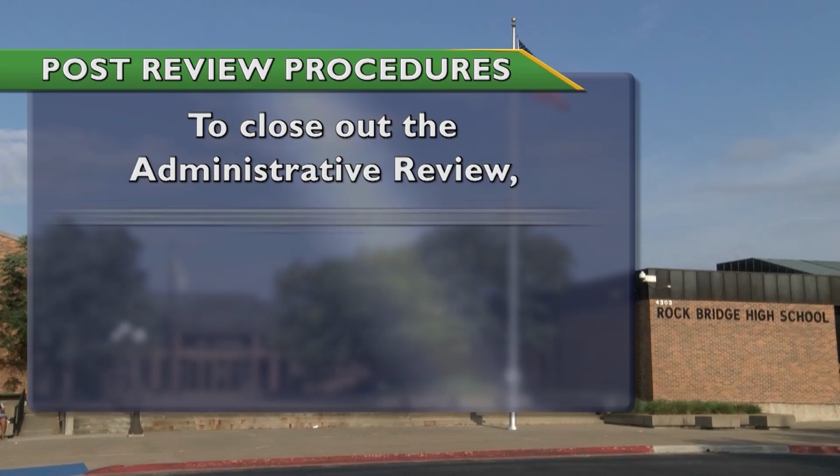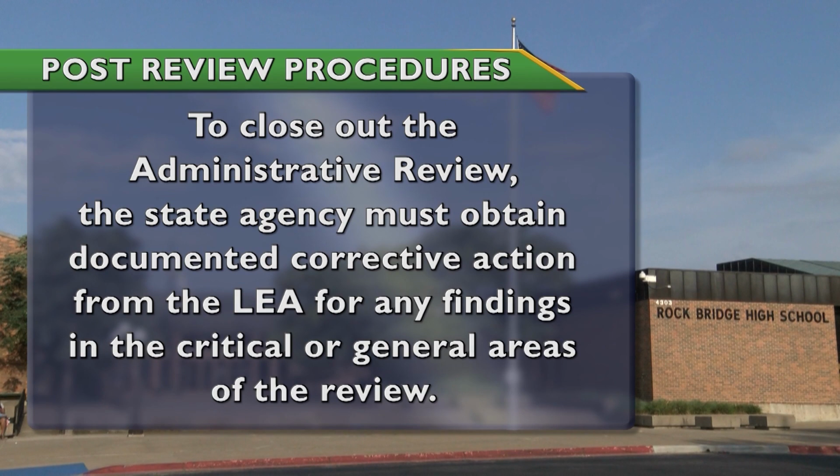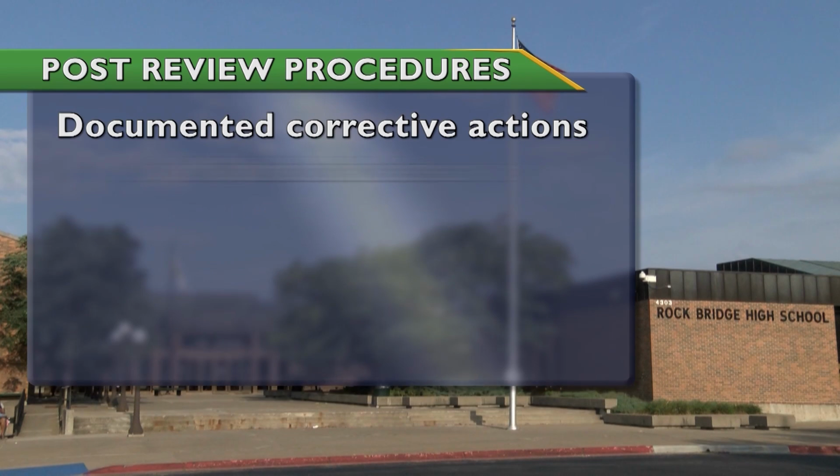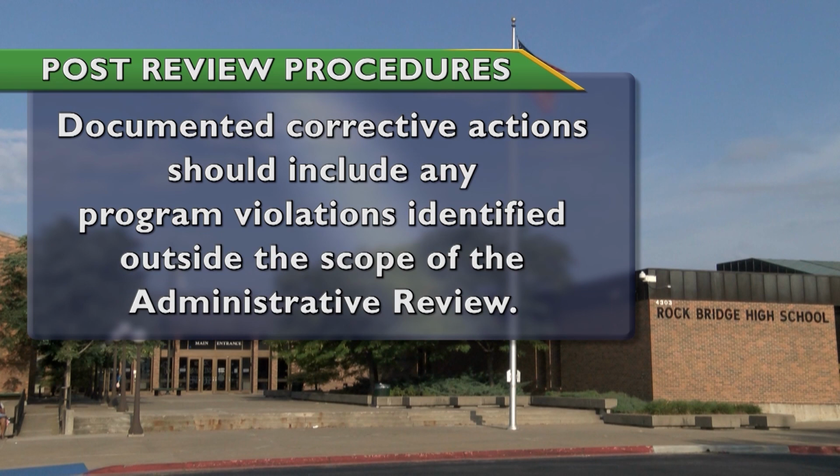In order to close out the administrative review for the LEA, the state agency must obtain documented corrective action from the LEA for any degree of findings in either the critical or general areas of the review. Documented corrective action should also include any program violations identified outside the scope of the administrative review.